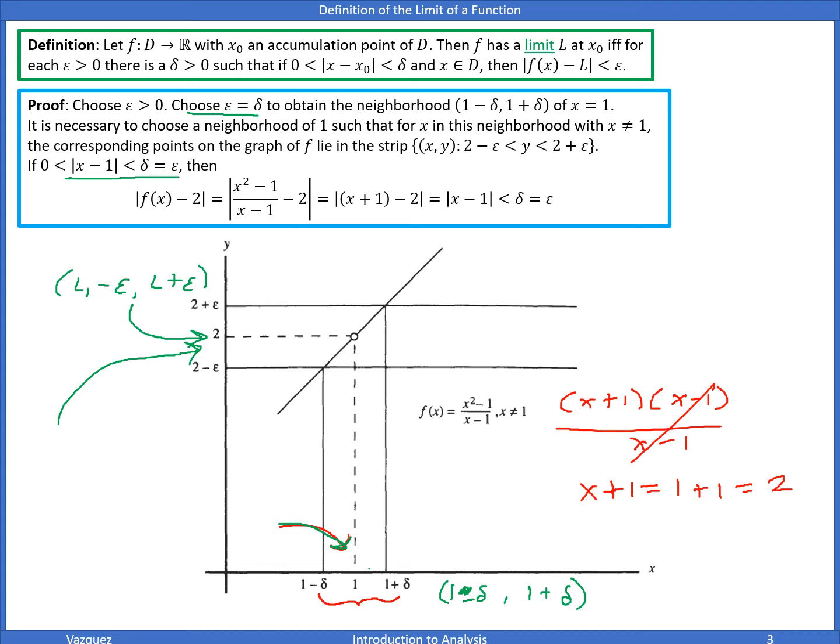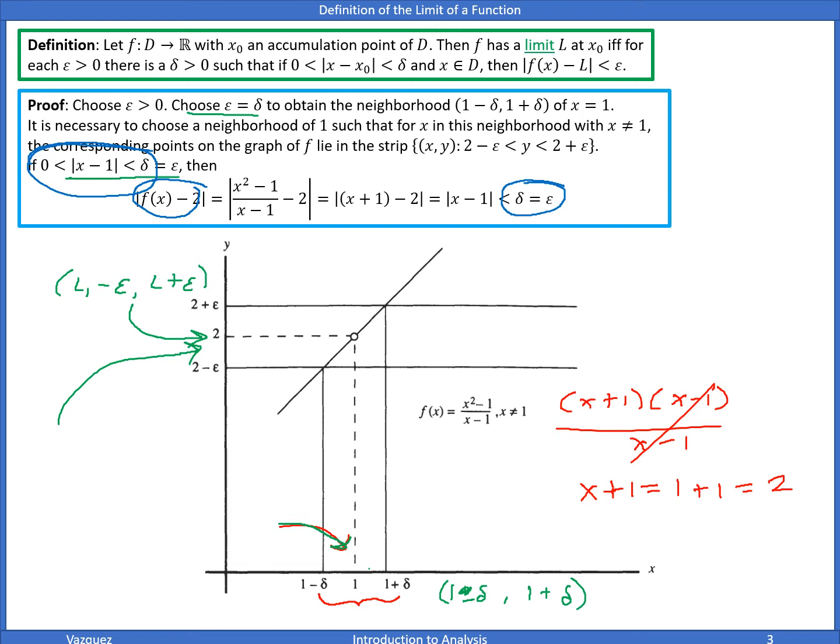So it's showing, just as the definition told us, if this is true that I'm circling, then this has to be less than epsilon, right? Which it is. So that's why we have a limit at x equals 1, which is 2.